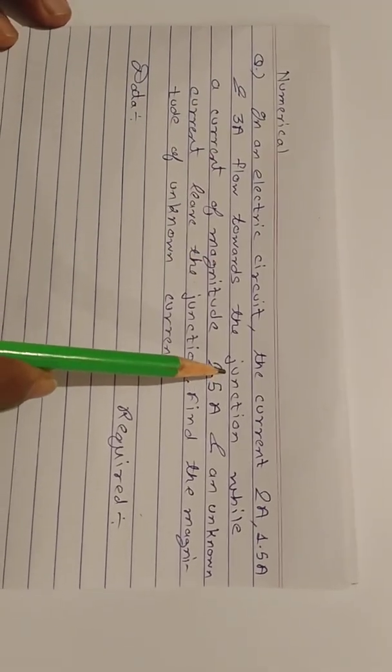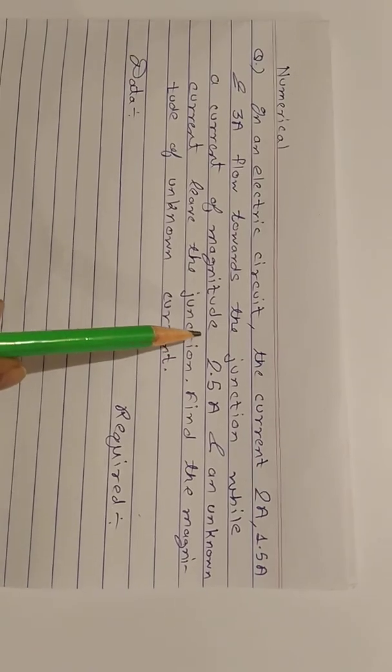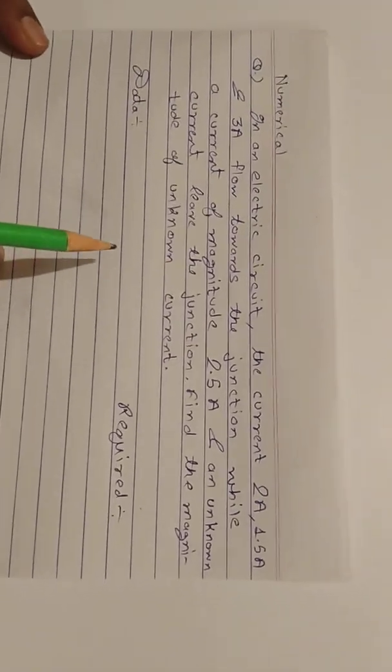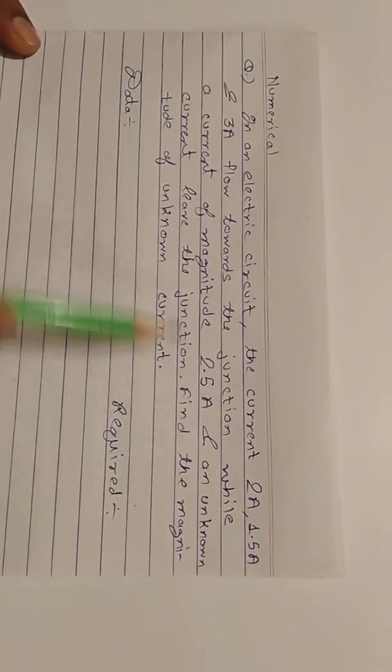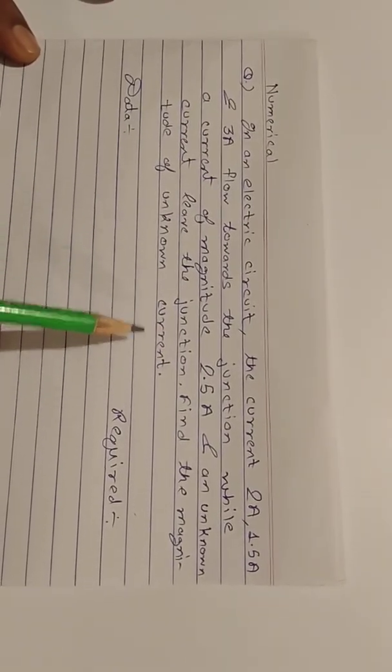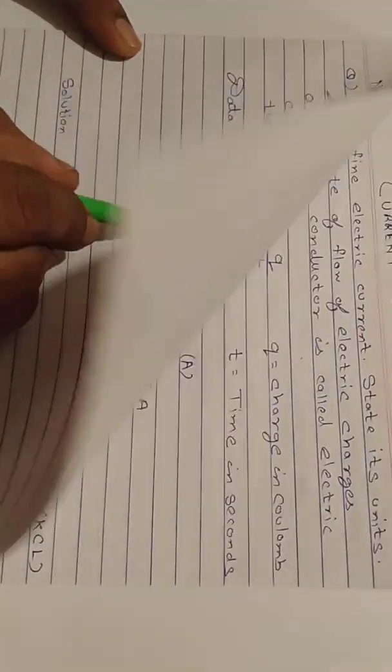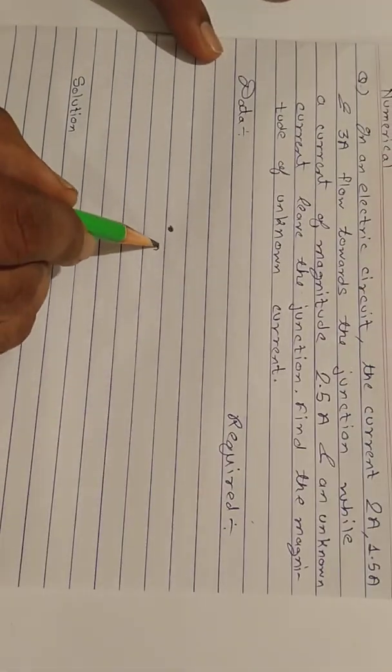So now students, for our understanding, we will draw the circuit diagram. Let me complete the question first. While the current of magnitude 2.5 ampere and an unknown current leave the junction, find the magnitude of the unknown current. So from this question, we understood we have to consider one junction, say point O.